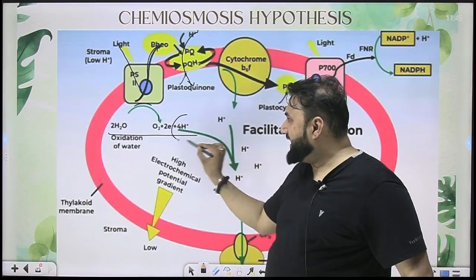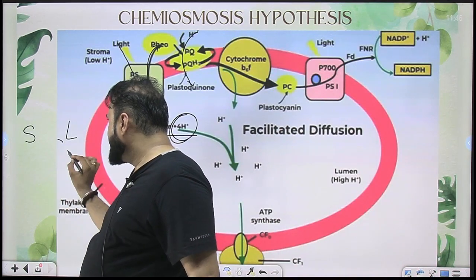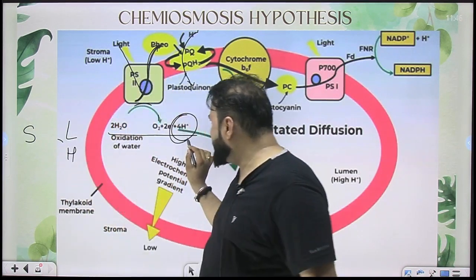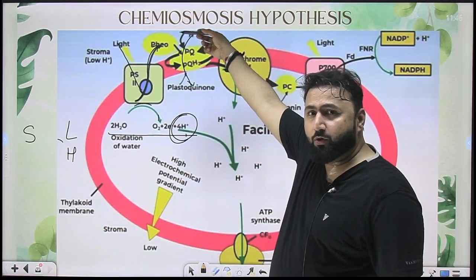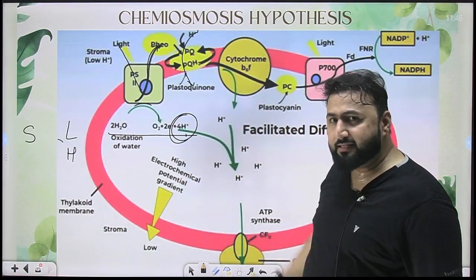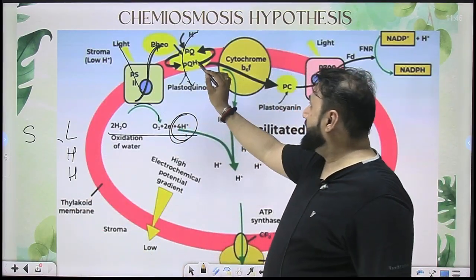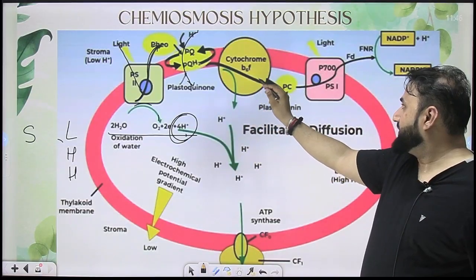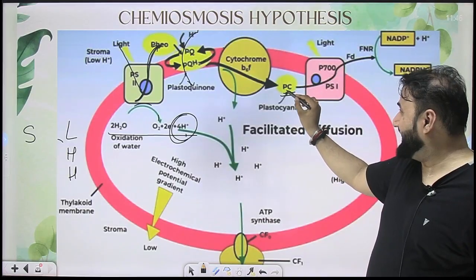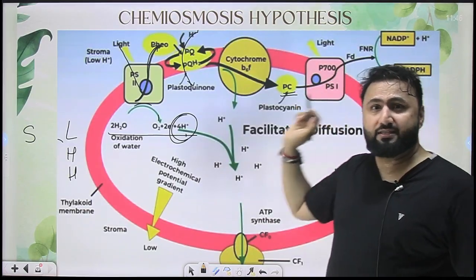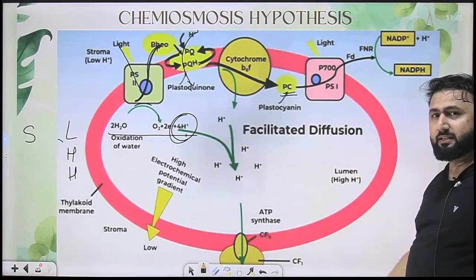This proton pump takes the hydrogen proton from the stroma and throws it inside into the lumen. Here you can see H plus ions are increasing. This would be given to cytochrome B6F, passing it to plastocyanin, which is the factor for passing electrons to PS1 P700. Then it gives it to ferredoxin, that is FNR.